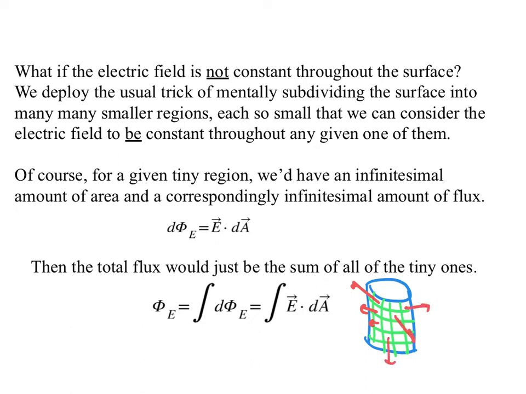So even though it might vary tremendously over the surface of the cylinder, we will subdivide the cylinder into little regions so small that for that little region, we don't get very much change in the electric field.